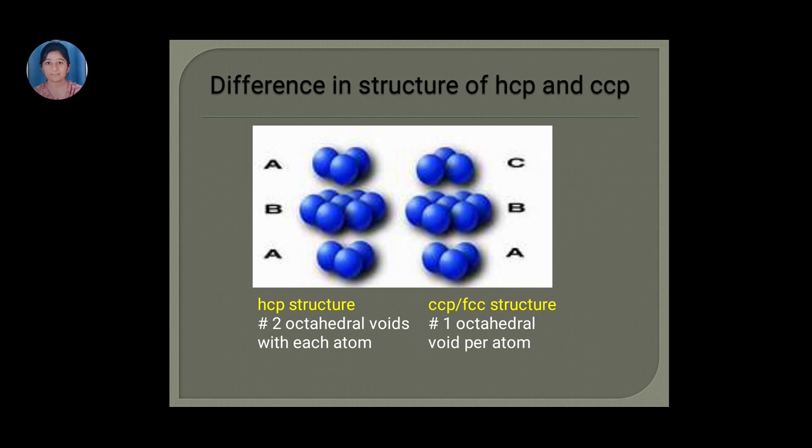And if you look at the layer here A, because in the HCP layer only 2 kinds of layers are present, AB, AB, AB, and in CCP 3 kinds of layers are present, A, B, C. So if you look over here, above and below the B layer, as both the layers are AA, the pattern of arrangement of both the layers will be same. That is why they are AA or same kind of layer.